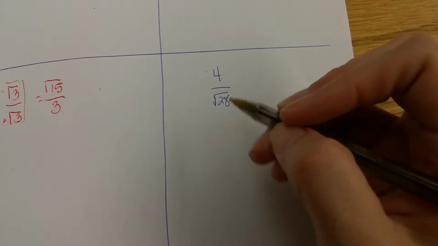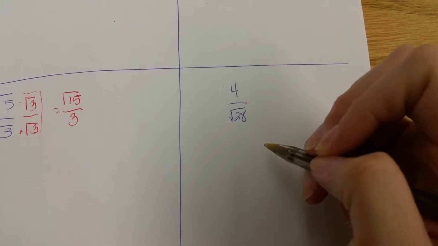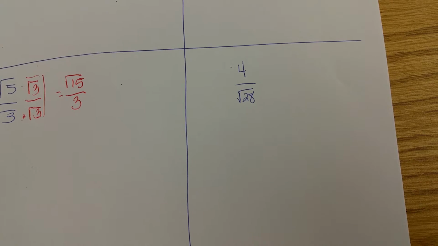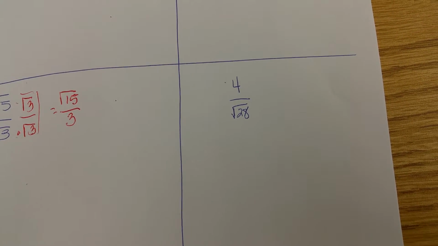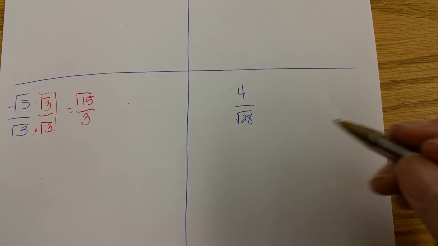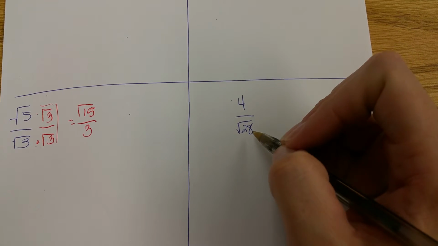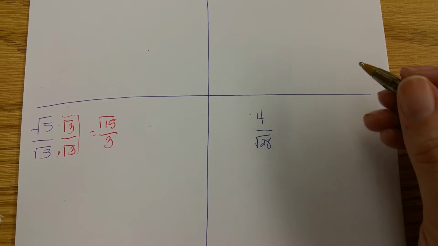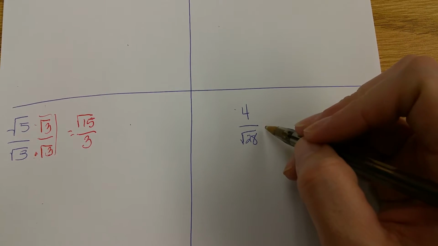Okay, this last example, 4 over the square root of 28. Well, I can't have the square root of 28 in the denominator, but I know I can simplify that a little bit. I don't want to have to be multiplying by 28. I can make that much simpler than it already is.